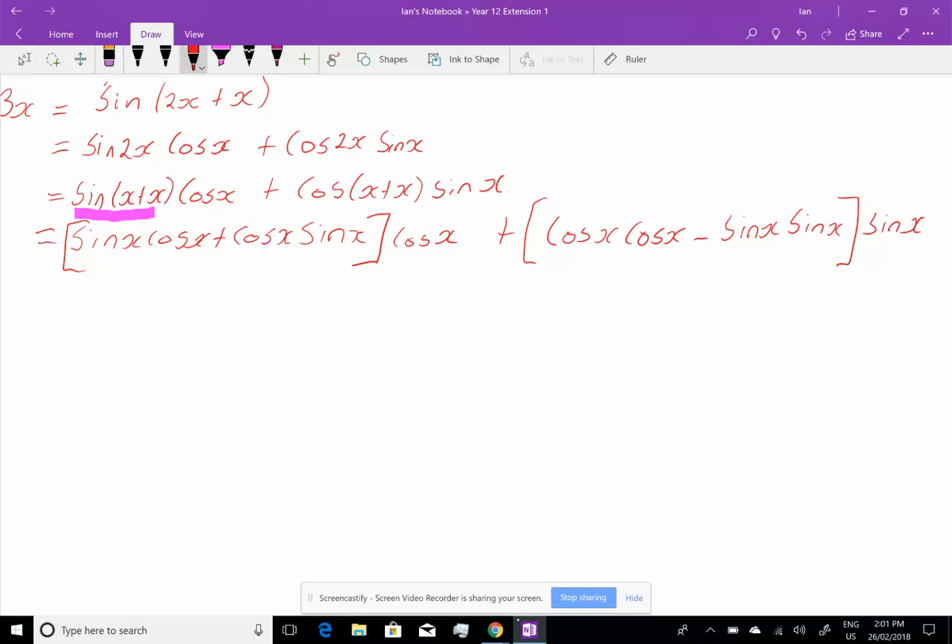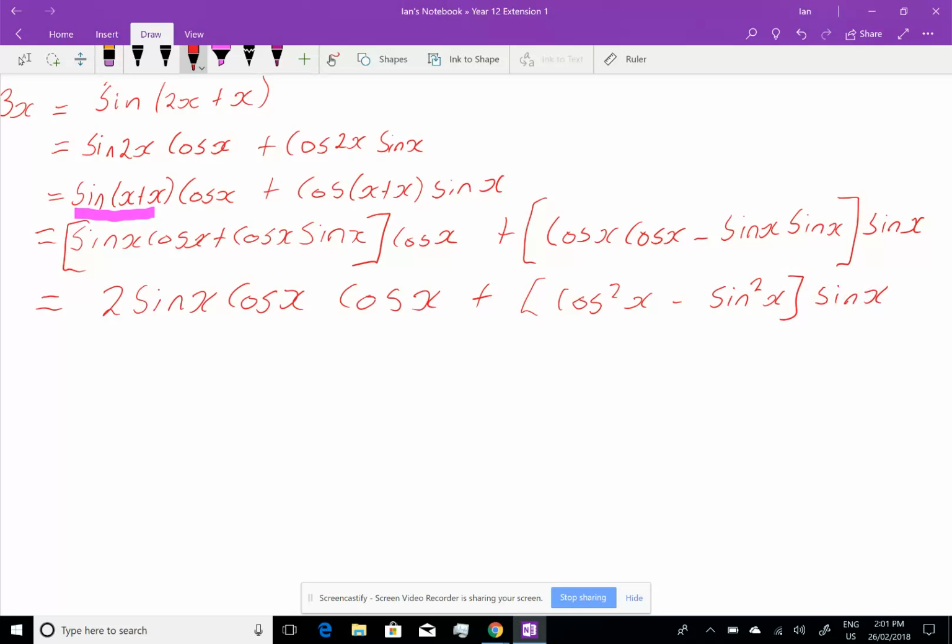Now when I expand this, that's going to give me 2 sine x cos x, that's what's inside that parentheses, there's 2 of them, multiplied by cos x. So here I'm going to get 2 sine x cos squared x.